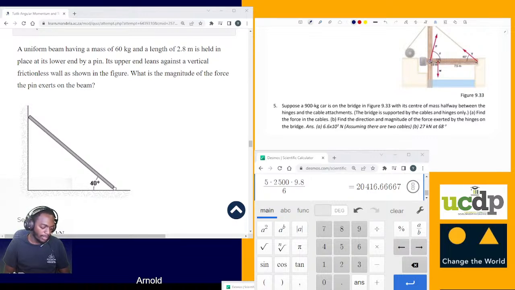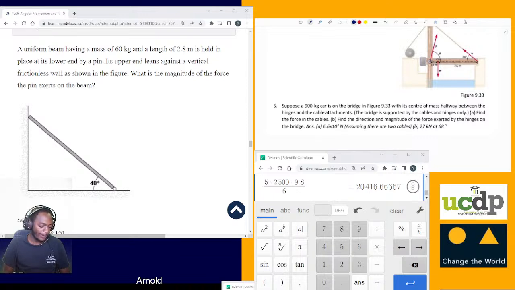The bridge is supported by the cables and the hinges only. Find the force in the cables. That's part A. Part B says find the direction and the magnitude of the force exerted by the hinges on the bridge.